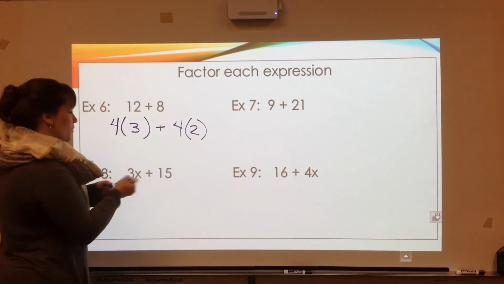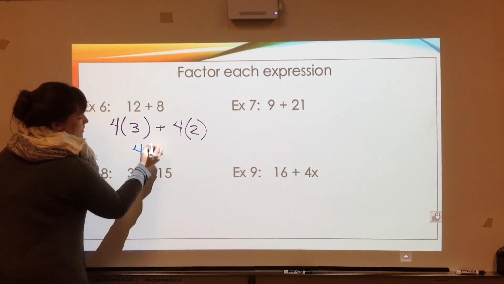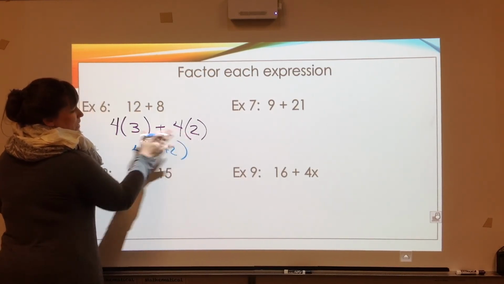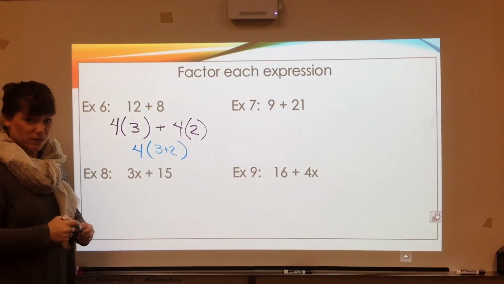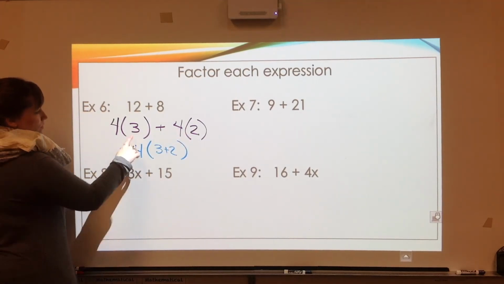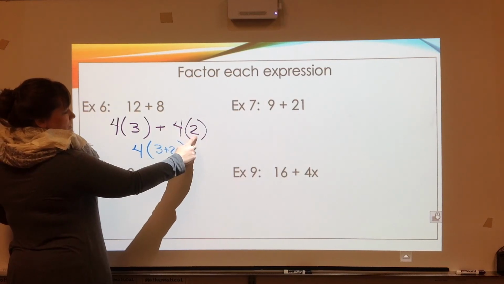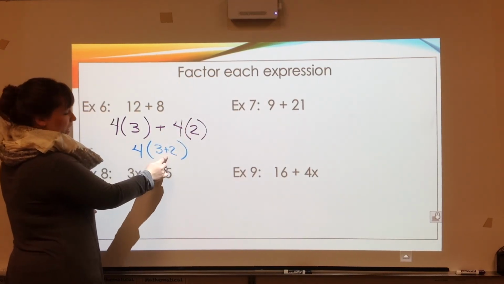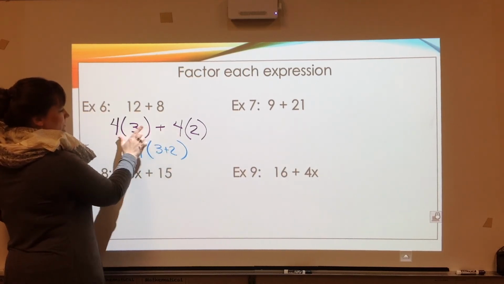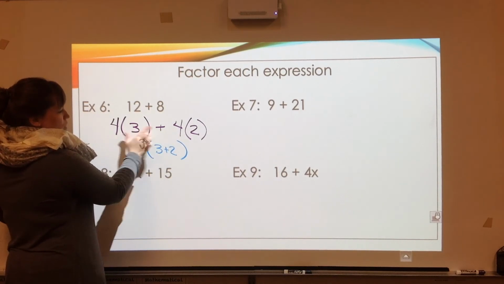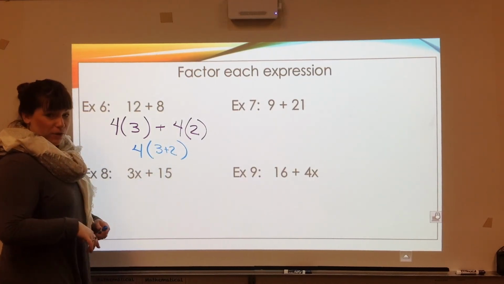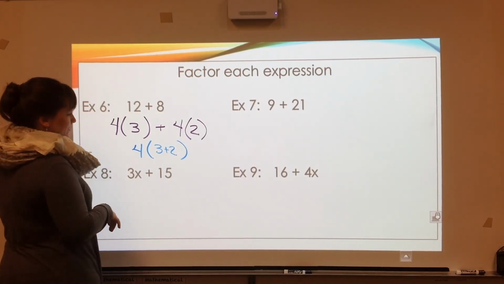We can pull the 4 outside of the parenthesis and then just combine the two numbers that we have in these two parentheses. So I'll say that again. This number 3 and this number 2 is going to be pulled into one parenthesis and added, and we're simplifying the fact that we don't need 2 of these. Let's just call it 1 4, and then the 3 and the 2 can be over to the right.